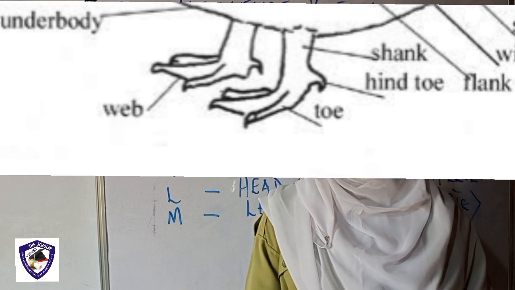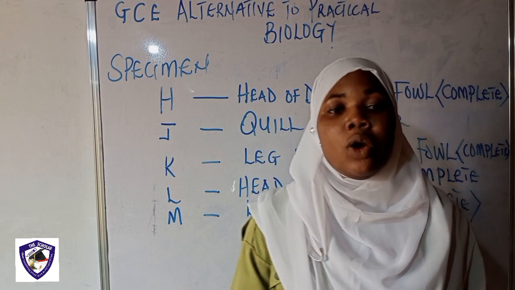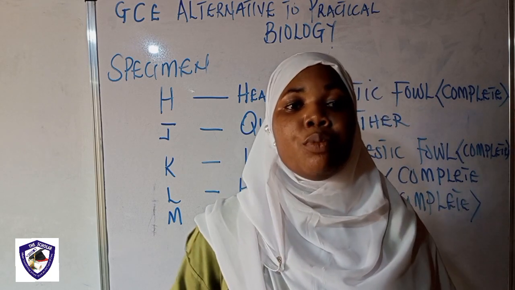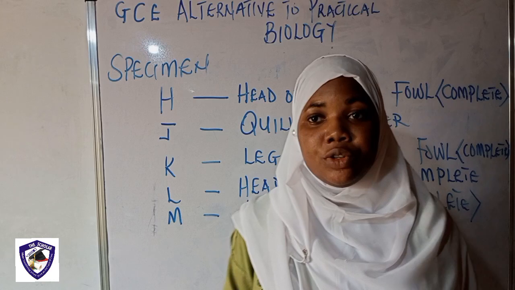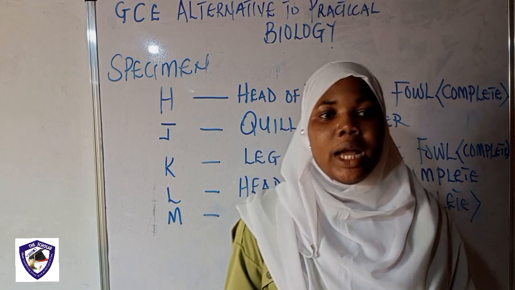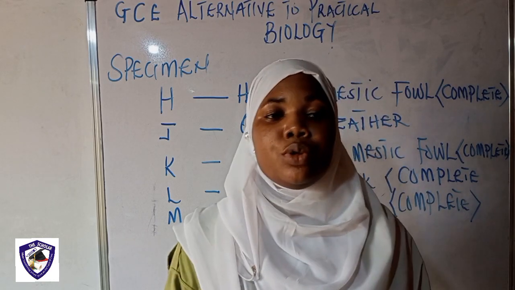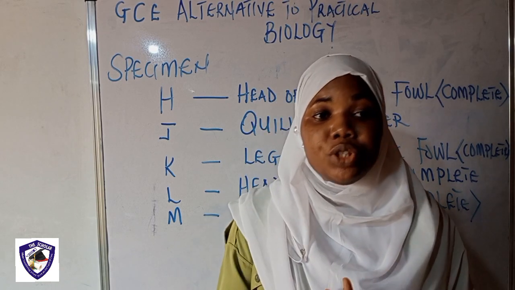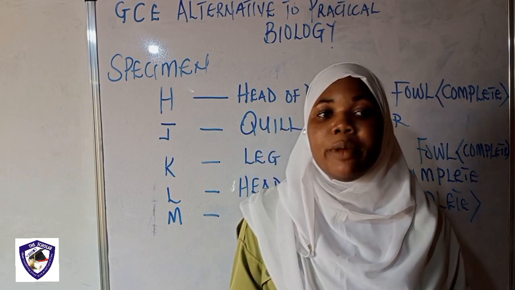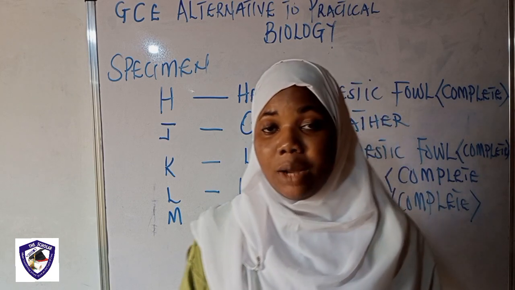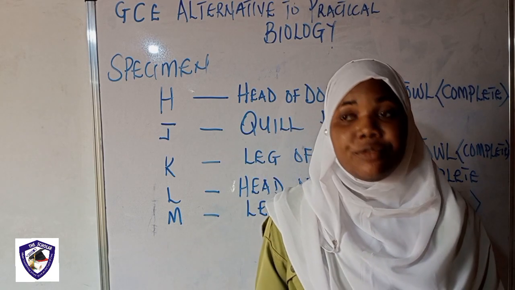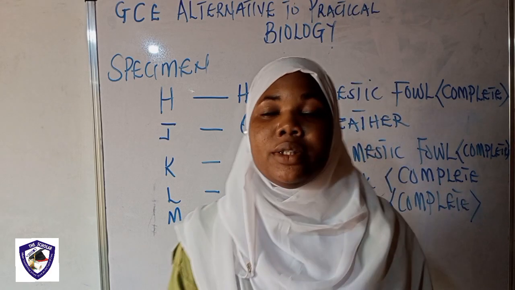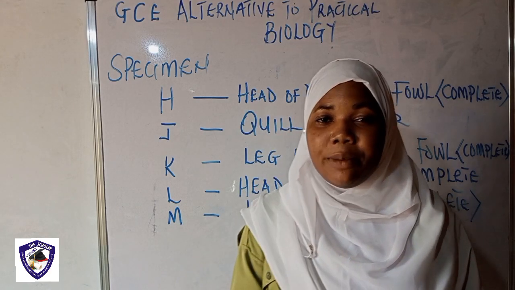Now, in the leg of the duck, you will notice web toes, and it is designed like a paddle so that they can move freely in aquatic habitats, and it provides more surface area to push against water and help them swim and survive in aquatic habitat. Like I said earlier, they have scaled legs. Another thing is they don't have sharp claws.